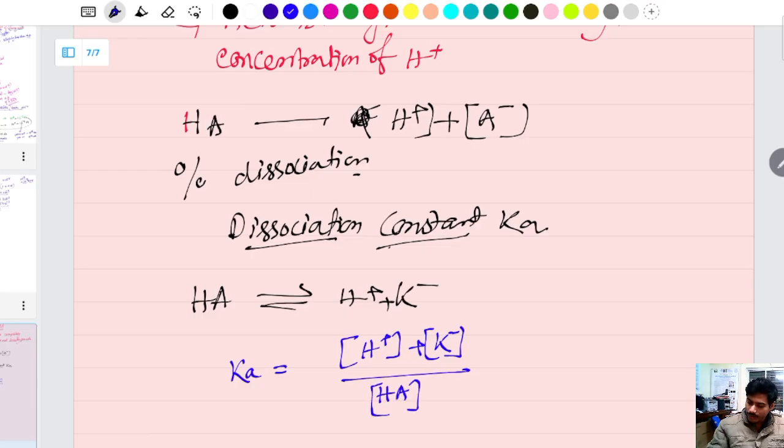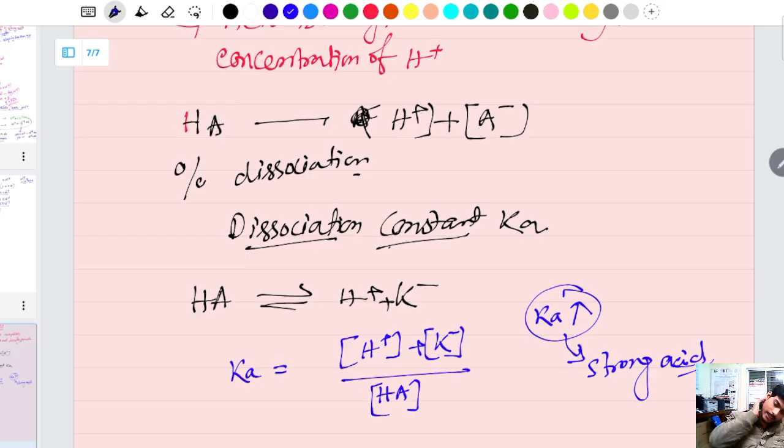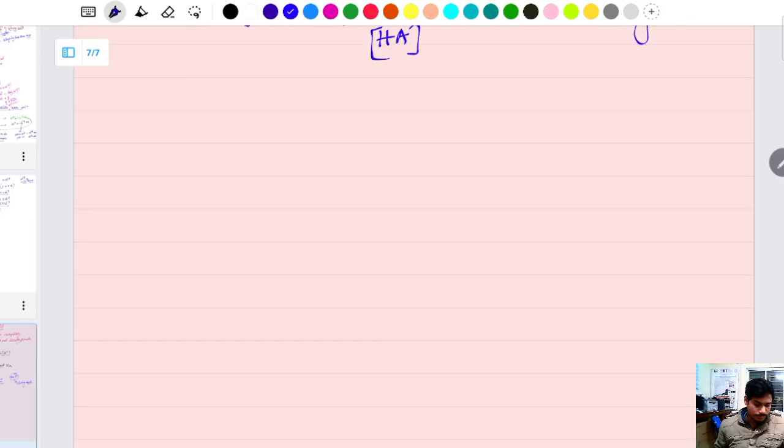Then if Ka has a higher value, it will be a strong acid. So that is the concentration. Now the concentration of H plus and A minus, and this is the intermediate of this dissociation. Hope that you can understand that. Let's talk in another section.